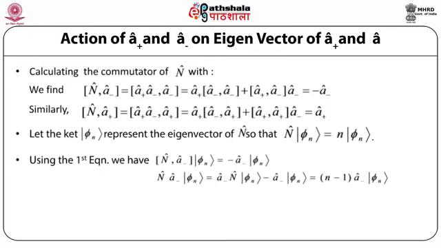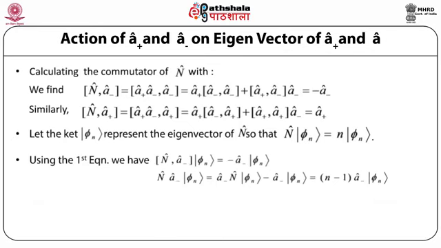Now, using the equation for the commutator between the number operator and the lowering operator and substituting it over here, we get the commutator of the number operator and the lowering operator acting on the eigenvector phi n is equal to minus the lowering operator a minus times the eigenvector phi n.